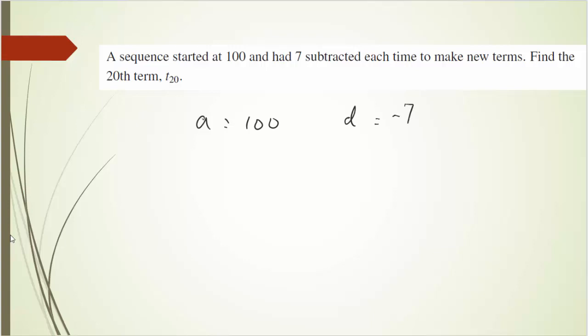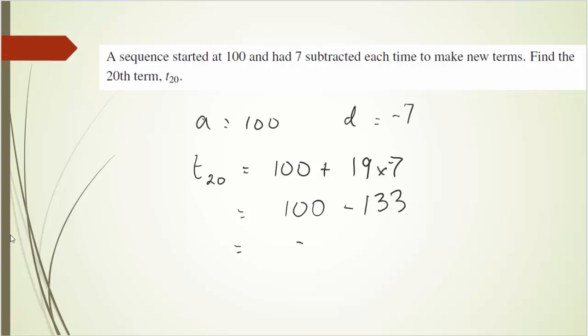We want the 20th term, so T20 equals 100 plus, well, n minus 1 is 19 times negative 7. 7 20s are 140, and 7 less than that is 133. So we've got 100 minus 133 because that is negative, and that will give you a net value of minus 33.